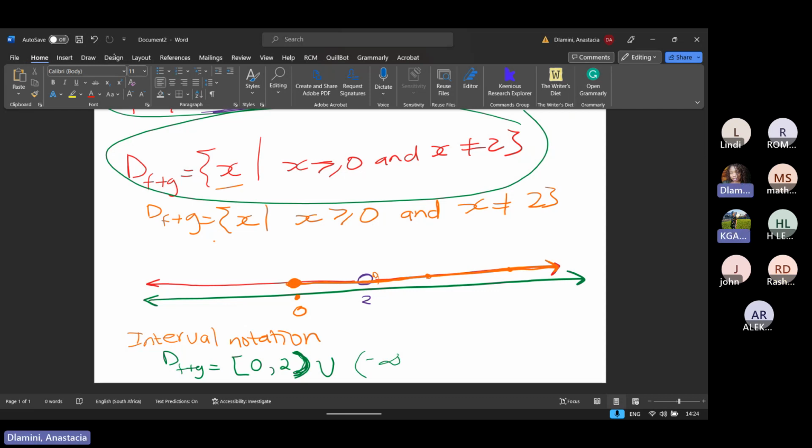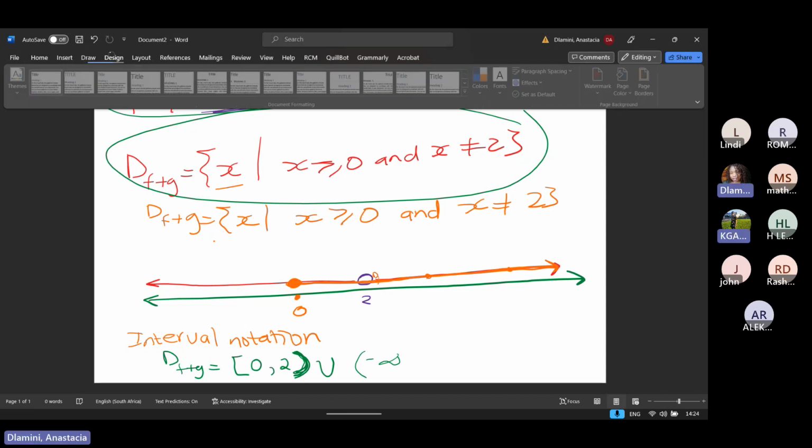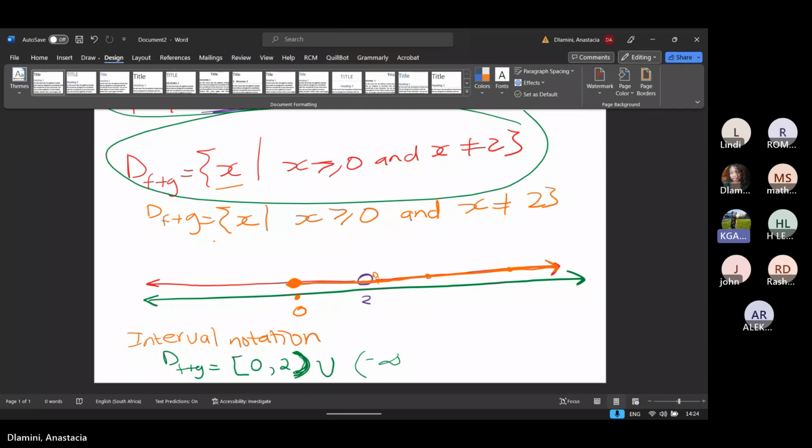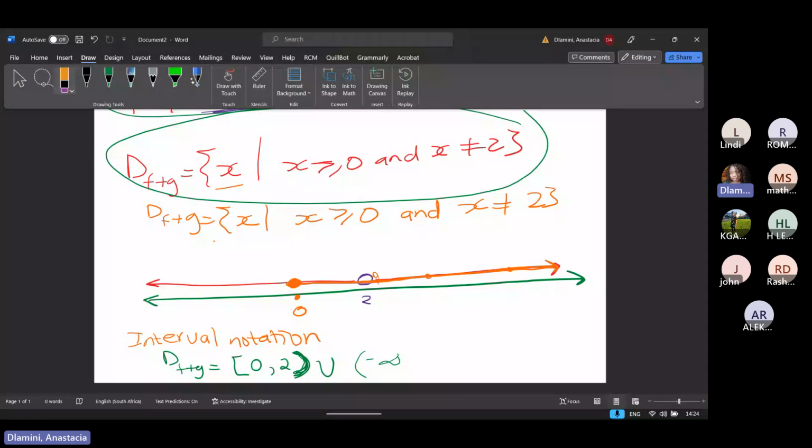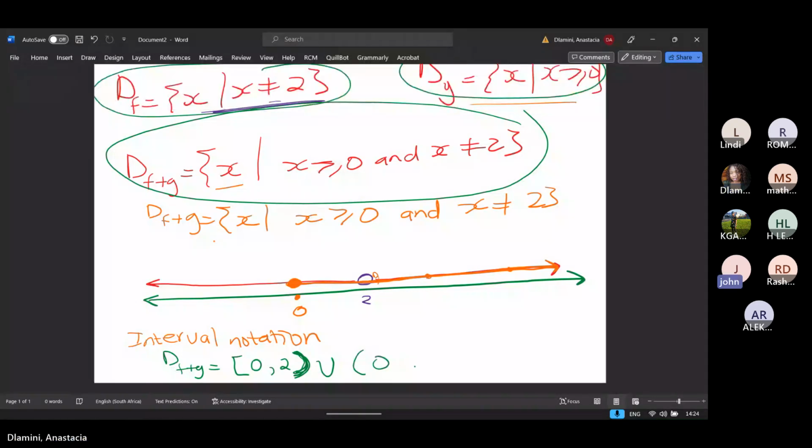I think it is open bracket 0, comma, positive infinity, union 0 and negative infinity.